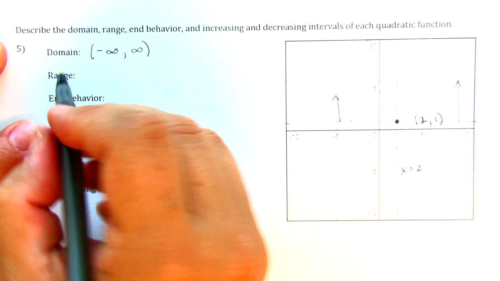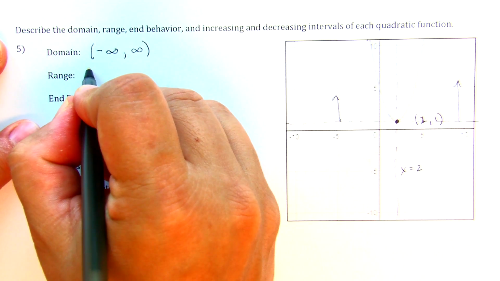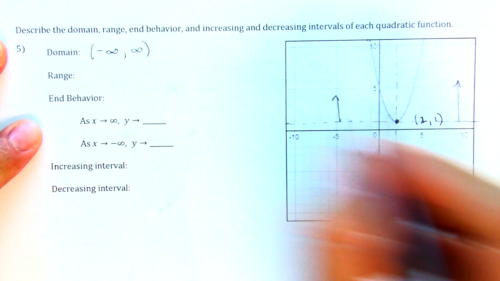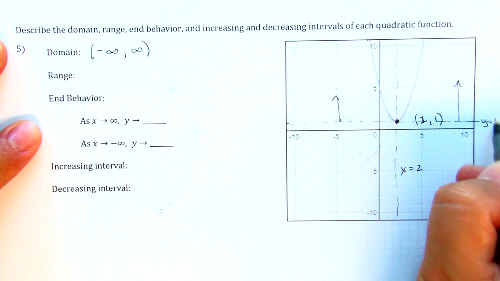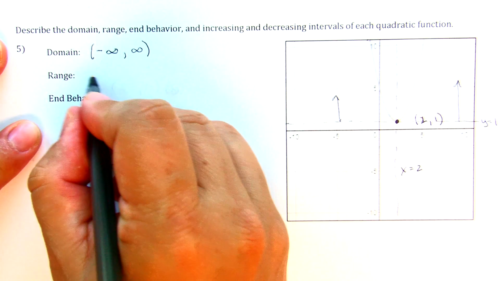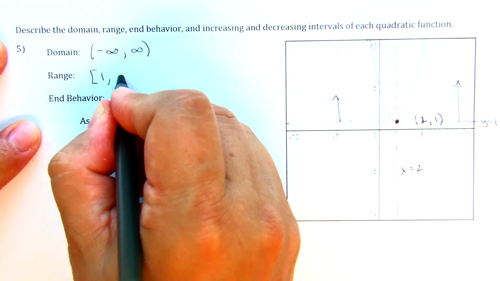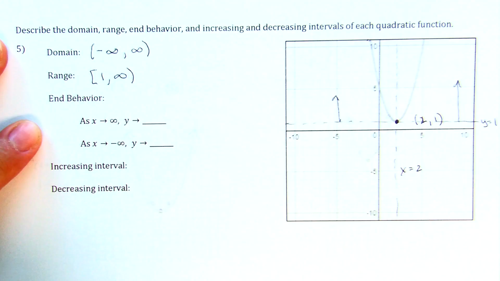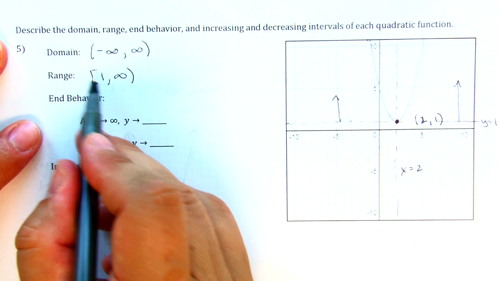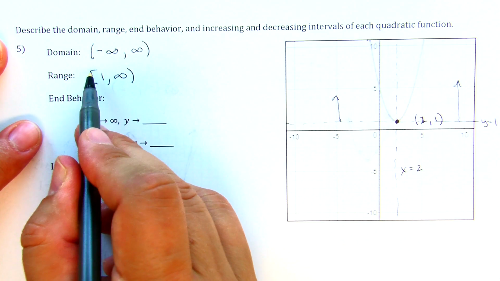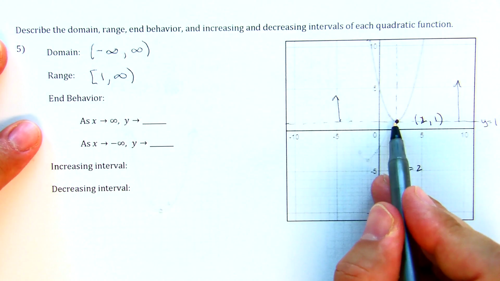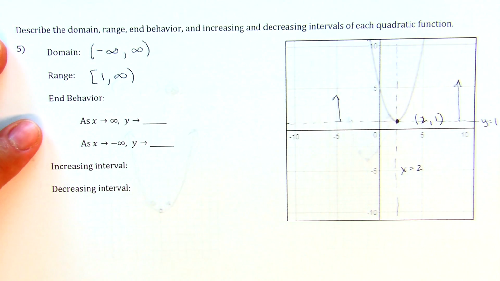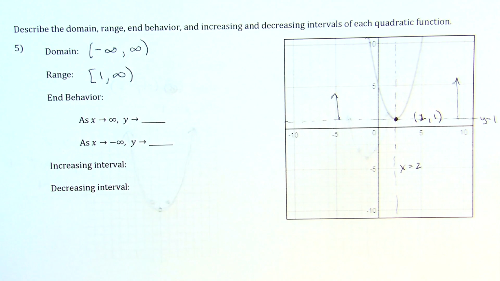So we'll write the range as everything from 1, because this is y equals 1, and up, so everything from 1 up to infinity. We use the square brackets here because we're including 1, because it does actually come down to 1. There's that point right there at 2, 1. Okay, so that's domain and range.